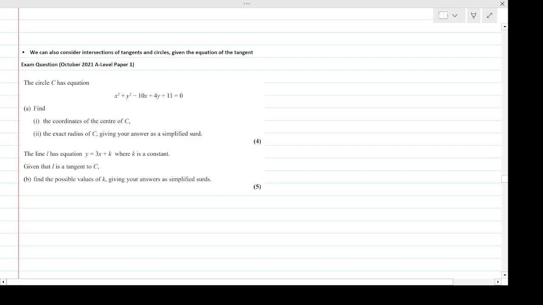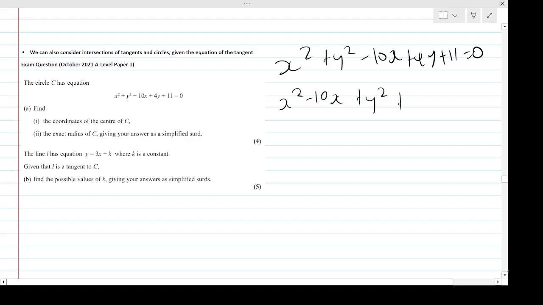So again, the first question is to find the coordinates of the centre and the radius. Very standard now. x squared plus y squared minus 10x plus 4y plus 11 equals 0. Well, we need to complete the square. So let's group the x parts together: x squared minus 10x, and then the y part, y squared plus 4y, then plus 11 equals 0.